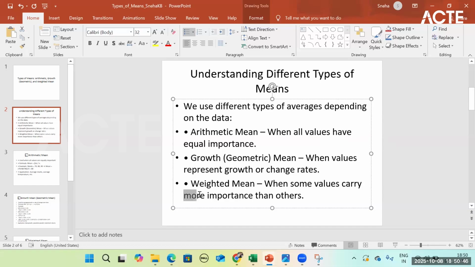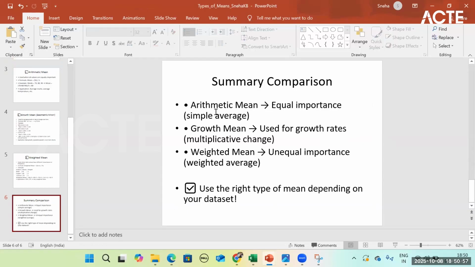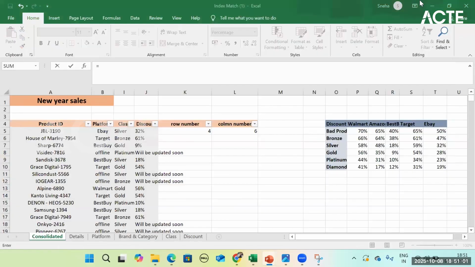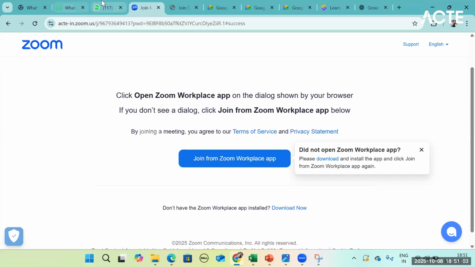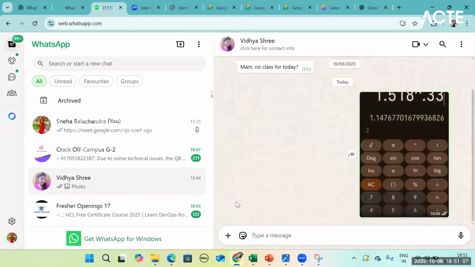When some values carry more importance than others, then we use weighted mean. Depending on your data set, use the different types of mean, median, or mode according to your data.